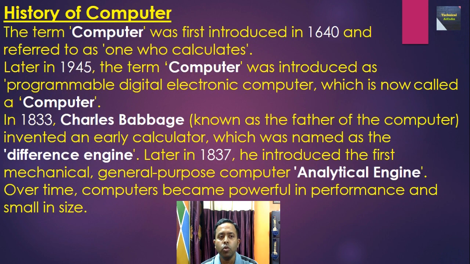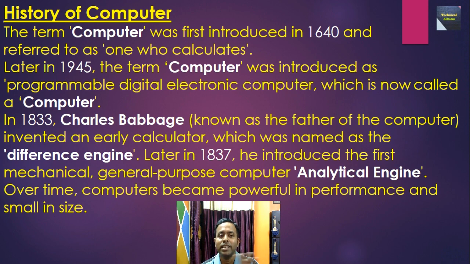Now we should know some history of computer. The term computer was first introduced in 1640 and referred to one who calculates. That means the human beings who calculate very fast or very powerfully were known as computers in the year 1640.